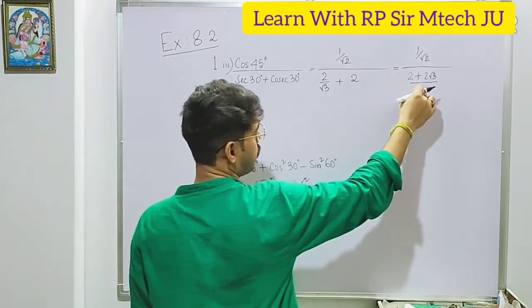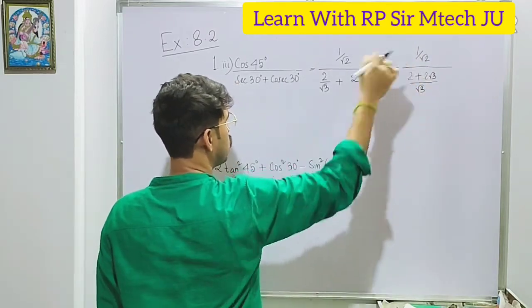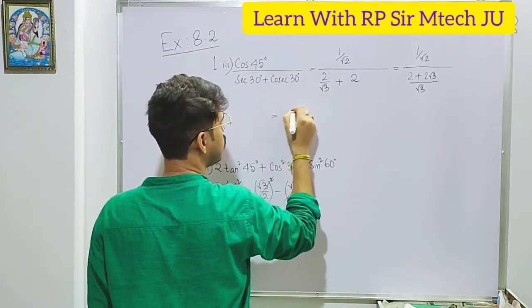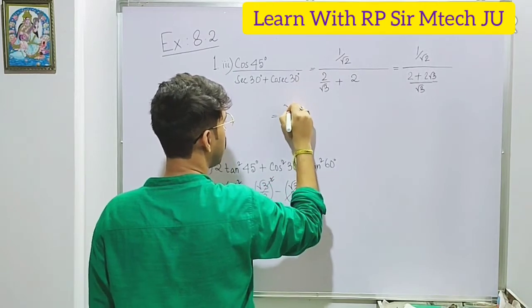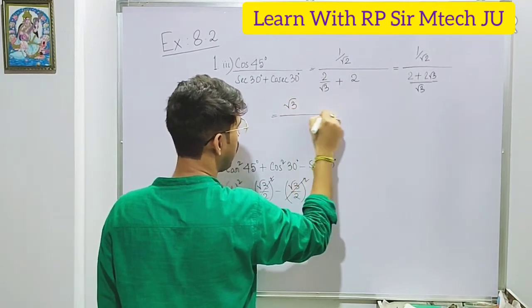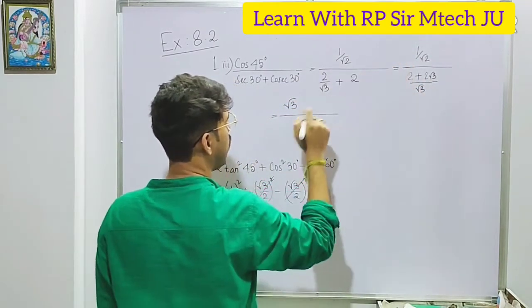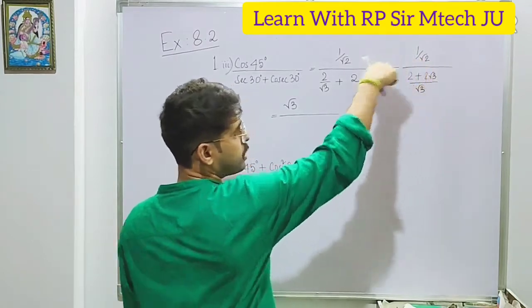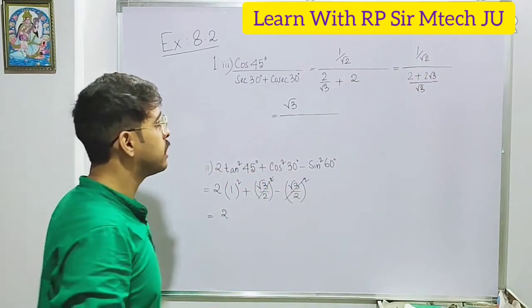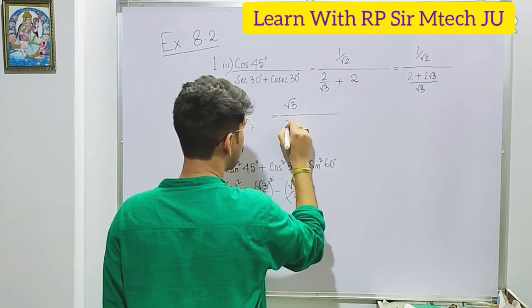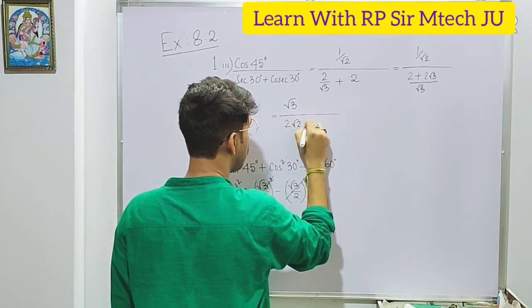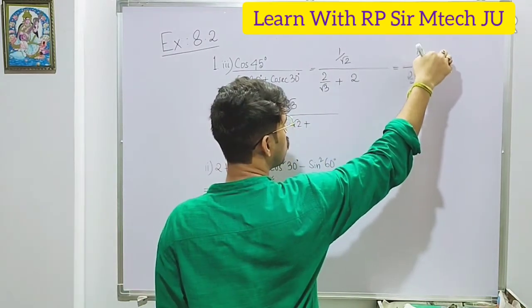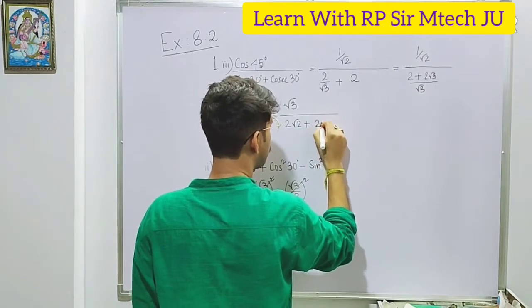So let us lift this root 3 up and bring this root 2 here. So root 3 goes up and it becomes root 3 divided by, this root 2 comes down and gets multiplied with this particular denominator. So it will be 2 root 2 plus 2 into root 2 into root 3, which will be 2 root 6.